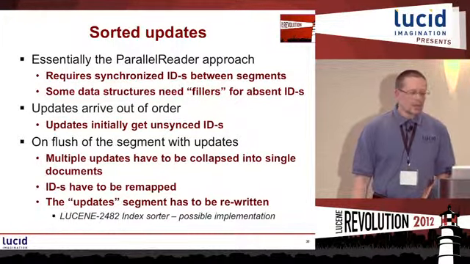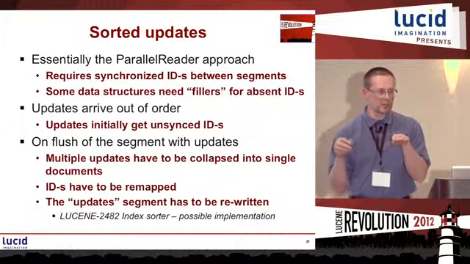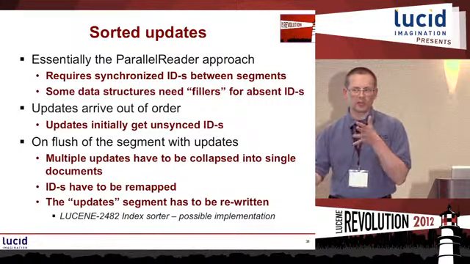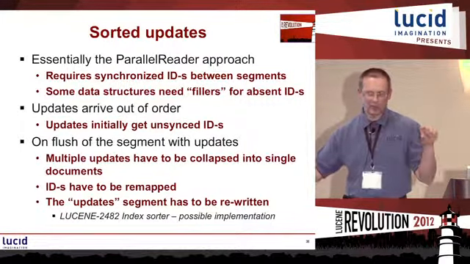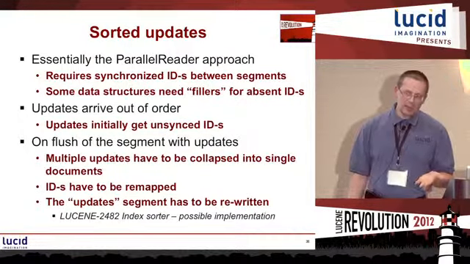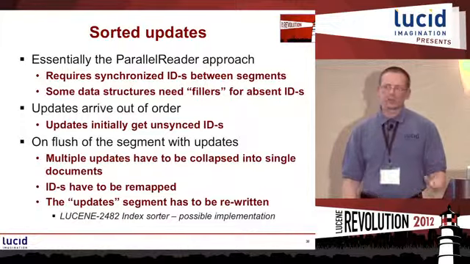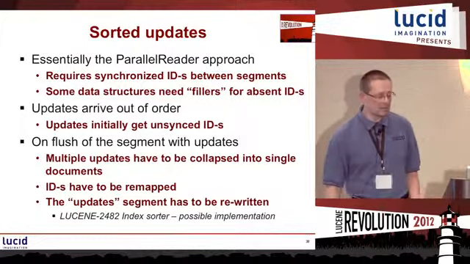Updates arrive out of order, and we also have to combine multiple updates from multiple documents into a single document, because if the IDs have to match one-to-one, then we have to have a single document containing all the updates. So basically, for every update, we have to completely rewrite and resort this stacked segment, which is not nice.